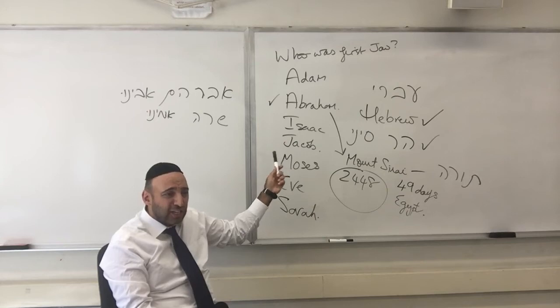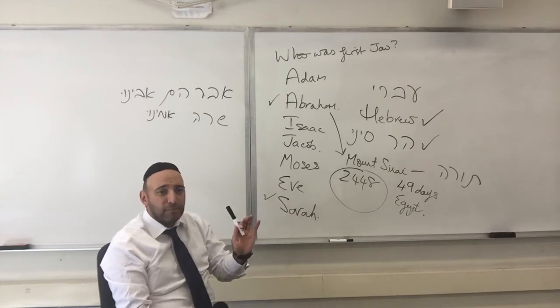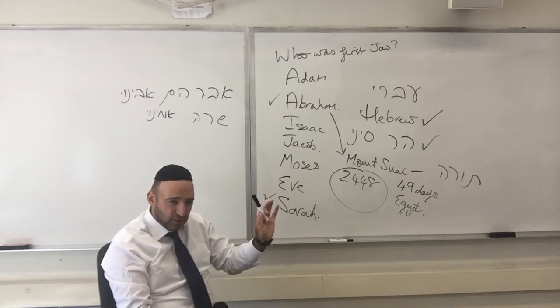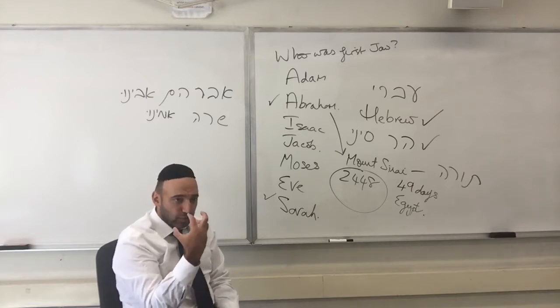We become a nation in Egypt. We leave Egypt as a nation, and then we receive the Torah as a nation. That's important. It's a national thing. It's not just an individual thing.